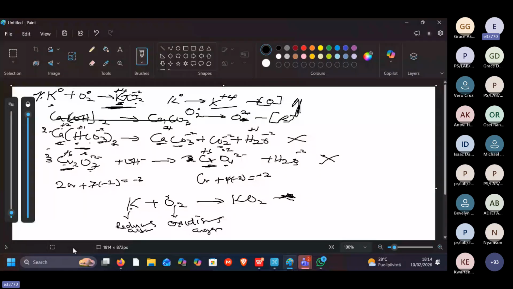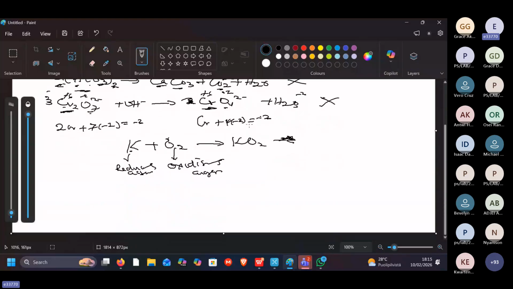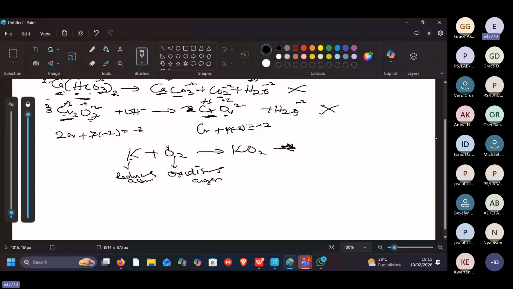So again, when an equation is given to you, you don't just start saying that it is a redox reaction and then start balancing it. You need to be careful to check whether there is oxidation going on and also reduction going on.